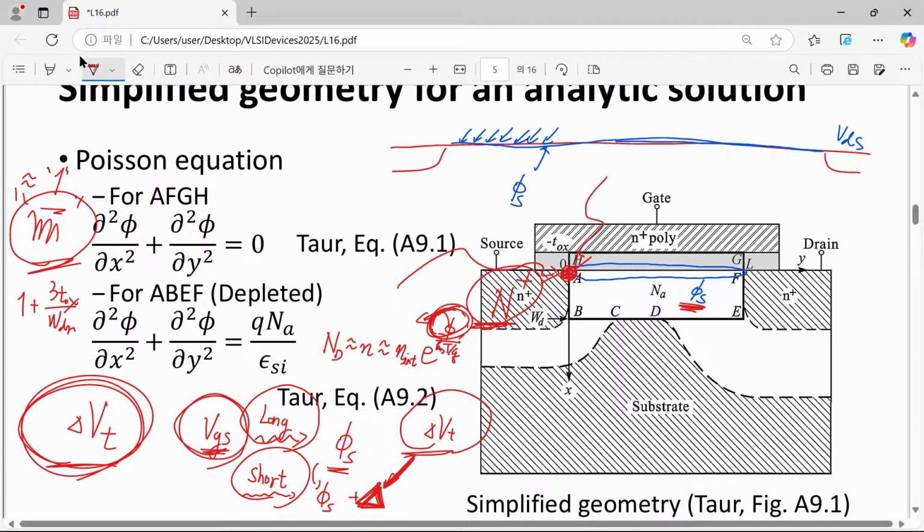If this is regarded as a part of a MOS system, then, since this is the surface point, the surface potential would be the right value. And if this is regarded as part of the n plus region, then this should correspond to the doping dependent potential. And what is the contradiction?